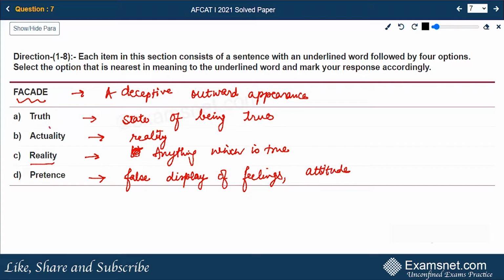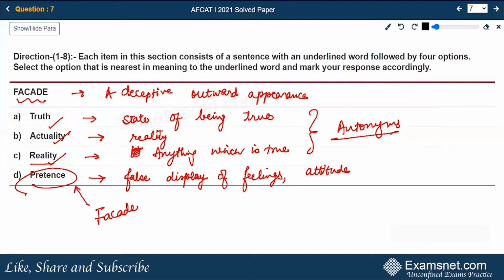So truth, actuality, reality, all the three are antonyms of facade. Only pretense is the synonym of facade. So option D is your correct answer.